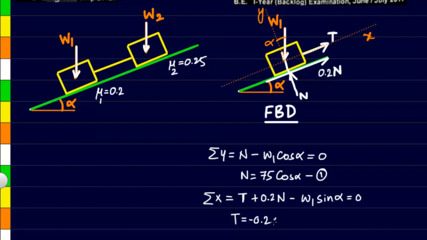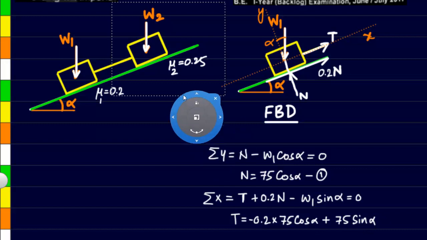So negative 0.2 times 75 cos alpha, and W1 sent to the other side becomes positive, once again 75 sine alpha. So this is the formula for the tension T.